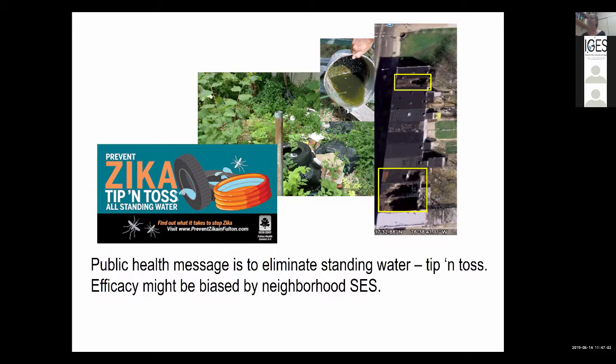Unfortunately, whether or not that's effective might be based on what kind of neighborhood you're in. It's possible that lower socioeconomic neighborhoods just don't have the capacity to remove the real source habitat. And in fact, if you remove a lot of the other habitat, the stuff that's easy to remove, then you actually might be refocusing mosquito populations to use that source habitat. And you could actually see these increases in mosquito populations.